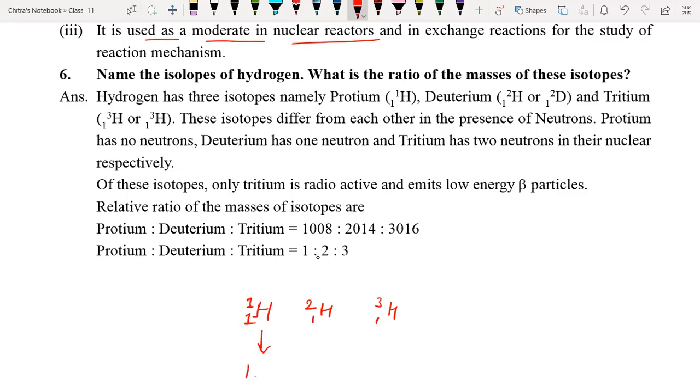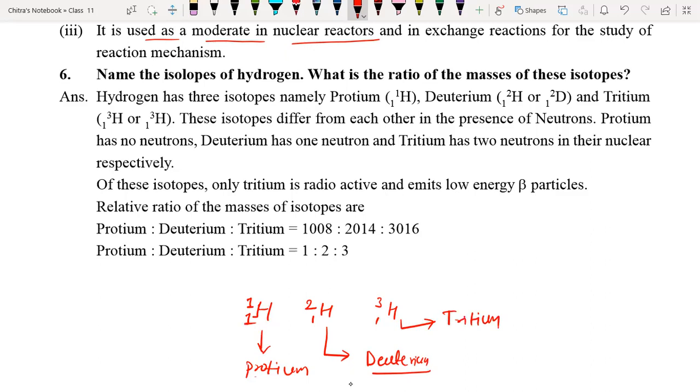The second one is called deuterium, because its atomic mass is 2. And the third isotope, having atomic mass 3, is called tritium.